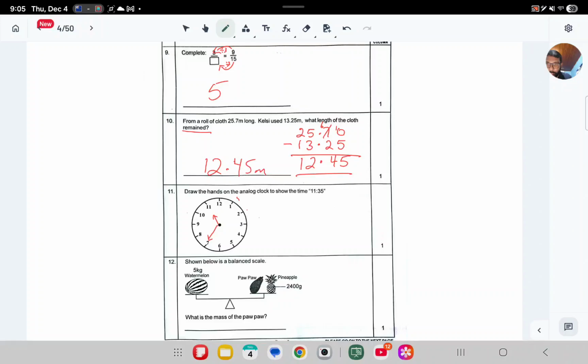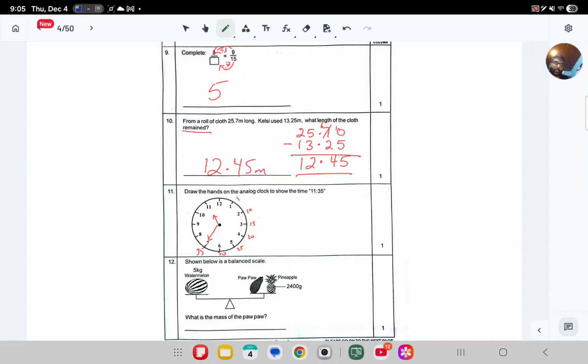So 5, 10, 15, 20, 25, 30, 35. So that is 7. The minute hand by the 7, the hour hand between the 11 and 12. 25 to 12.